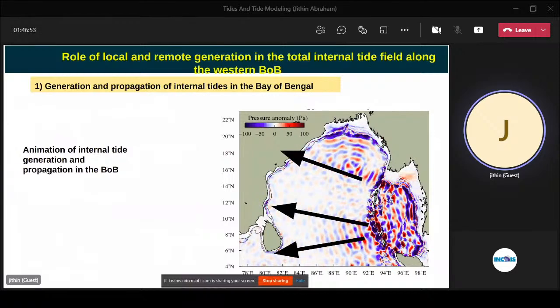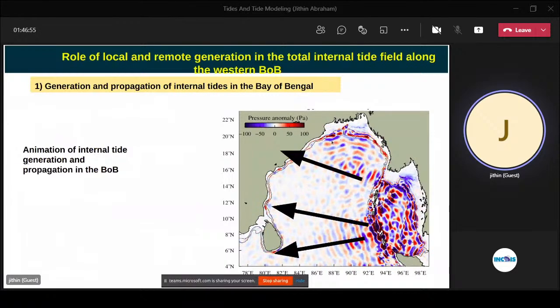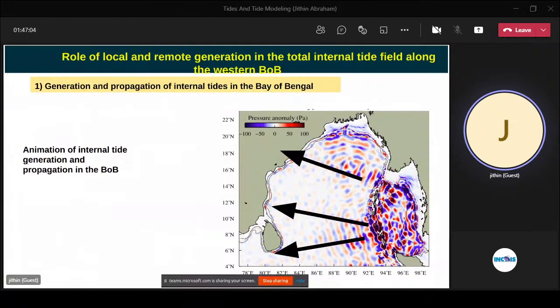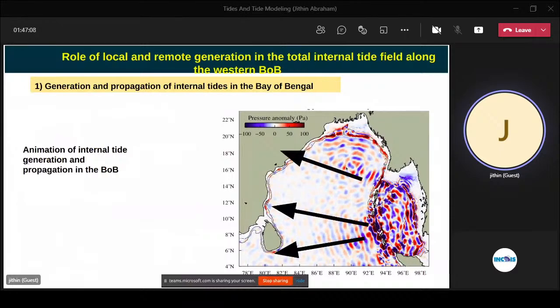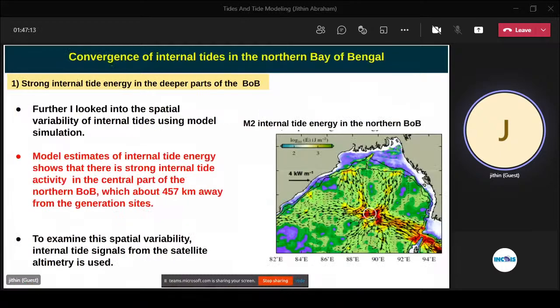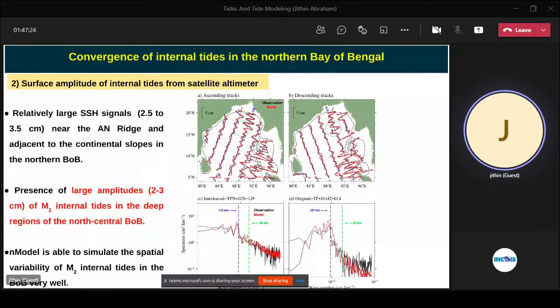From this arc-shaped internal tide source, the internal tides propagate and converge to the north central Bay of Bengal. So the convergence of internal tides occurs in the north central Bay of Bengal, and strong internal tide activity can be found there, and it is also observed in the satellite altimeter data.